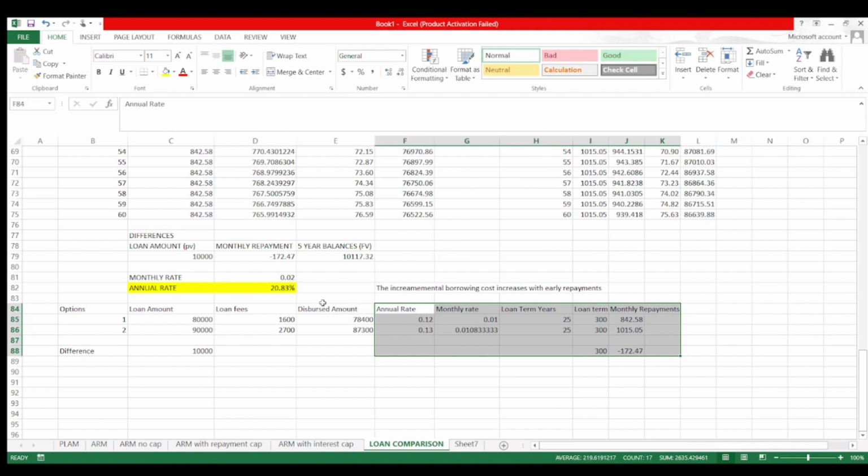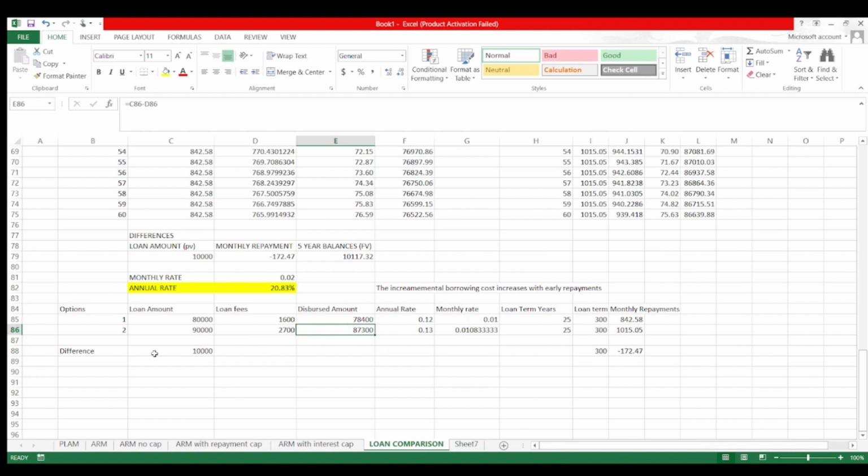So in this case, the actual amount which is disbursed has a difference, let's take this amount and less this. Actually 8,900 and not the 10,000, because this is the actual amount which is received. And then the loan term still holds and the monthly repayments.